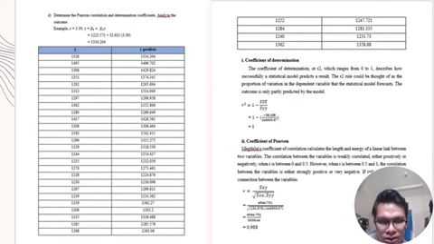So our SXY value, which is 4946.701, divided by the square root of SXX, which is 151.578, then multiplied by SYY, 165,503.37.